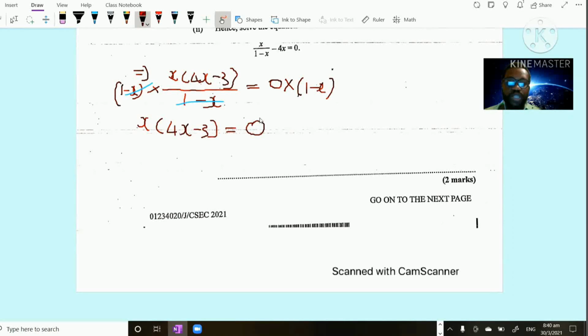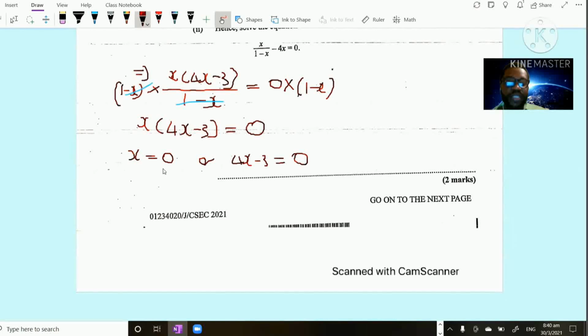Conceptually speaking, we know in math that if two things multiply to give you 0, one of them must be 0. So what this is saying is x times the bracket is equal to 0, which means either x is equal to 0 or the bracket, which is 4x minus 3 equal to 0. One of these must be 0.